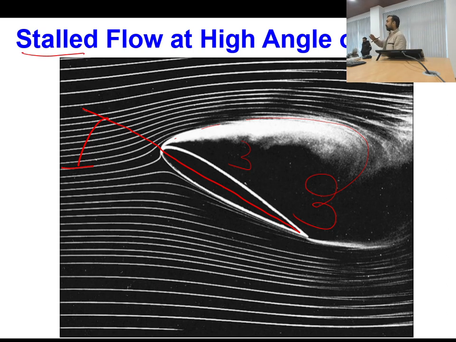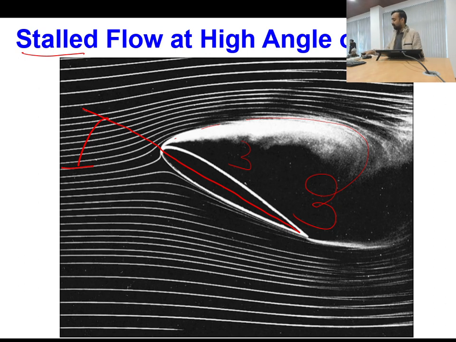So whenever you are generating a lift, obviously you have to maintain an optimum angle of attack. But if your angle of attack is very large, you will have the highest amount of drag force, because the majority of the flow is now being restricted, and in the backward side I will have a very low pressure zone. Because of this there will be a significant amount of drag force, but lift immediately becomes 0.